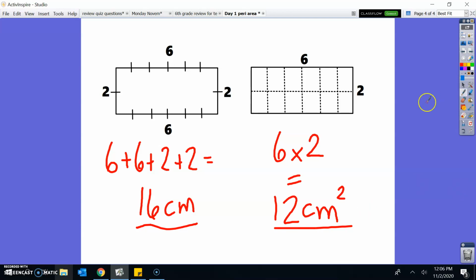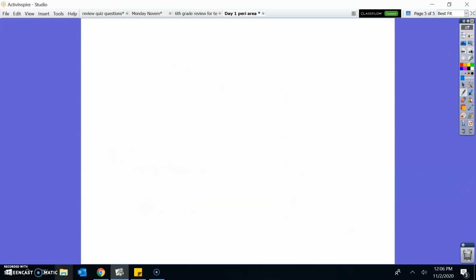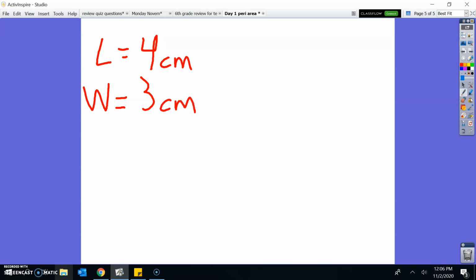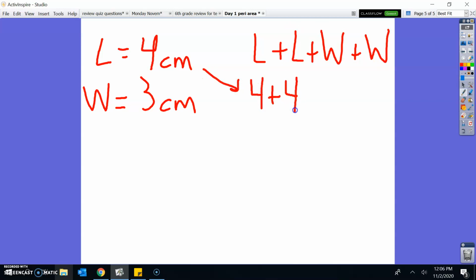So let's do the first number 2 together. The length is 4. The width is 3, and these are centimeters, which is a unit of measurement. My perimeter, I want to add length plus length plus width plus width. So I'm going to take my length and double it. 4 plus 4, because if you see here we're adding the length twice, plus my width, which is 3, plus 3 again, which equals 14.